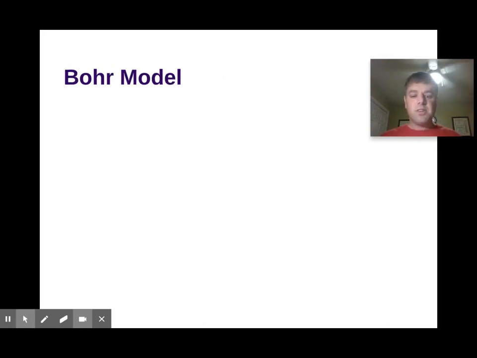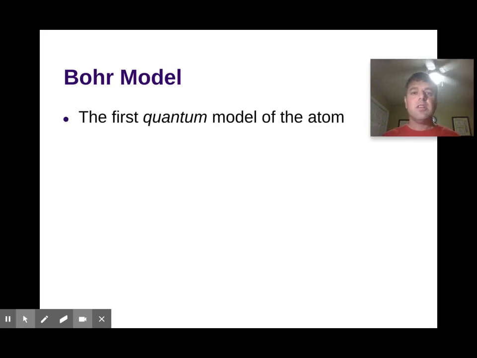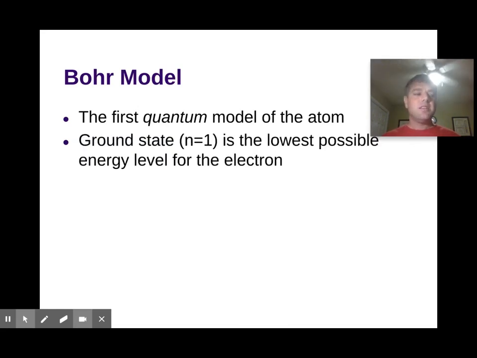So now we're going to focus in on the actual structure of electrons in the atom, how they're arranged. The Bohr model was the first quantum model of the atom that talked about specific amounts of energy for electrons. And they have different energy levels in the Bohr model.